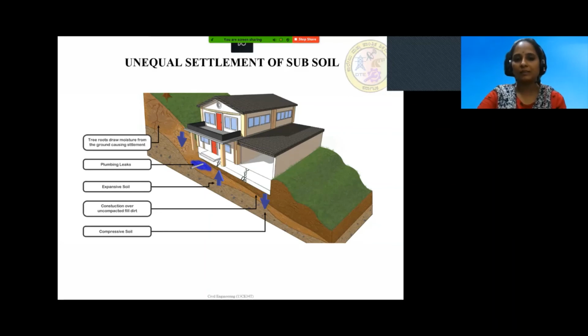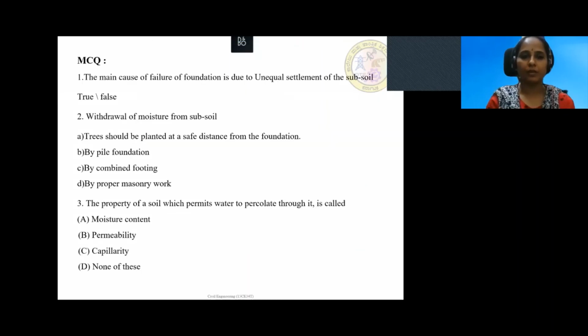So you will be having a small assessment level test, to see how much you understood about this topic. Let's answer the questions. The first question is a statement. You have to decide whether it's true or false. Question number one. The main cause of failure of foundation is due to unequal settlement of subsoil.